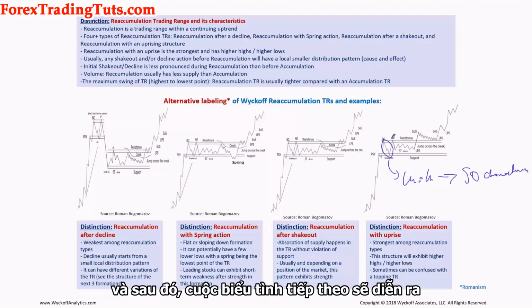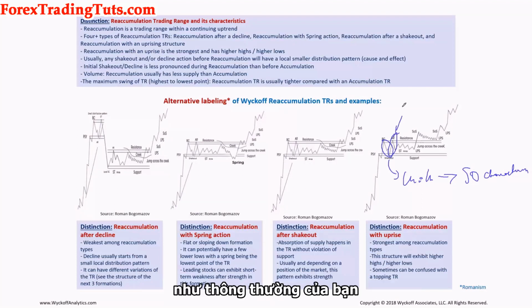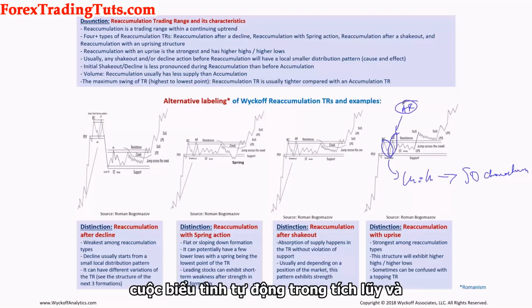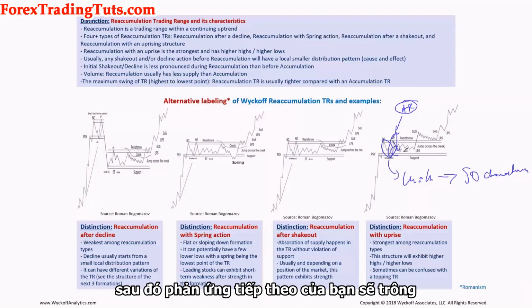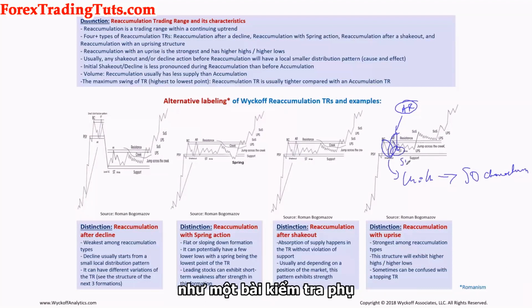And then the next rally is going to look like your regular automatic rally in the accumulation. And then your next reaction is going to look like a secondary test. So I started thinking that a lot of the reaccumulations are going to go through a very quick phase of distribution on that first shakeout move.